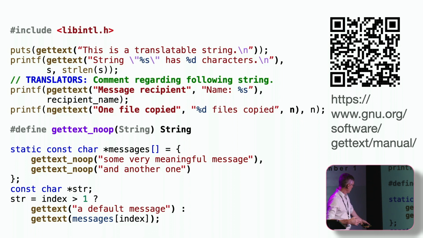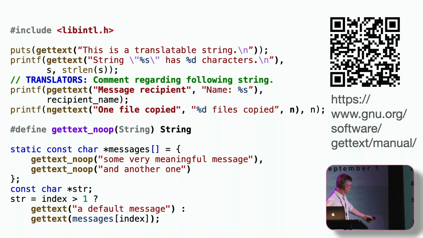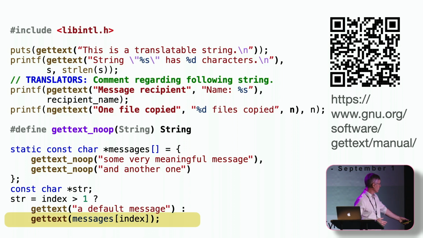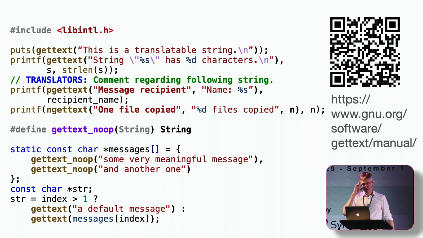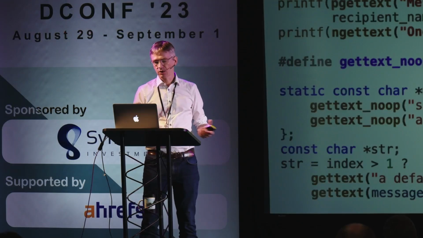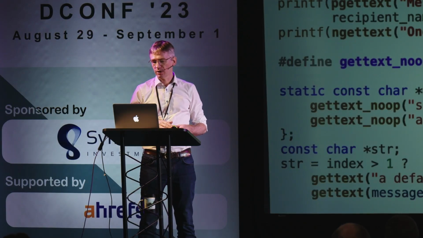And then, I don't know if you can see this, but then you have to call gettext functions on something that is not a string literal. So it's a bit confusing and cumbersome.